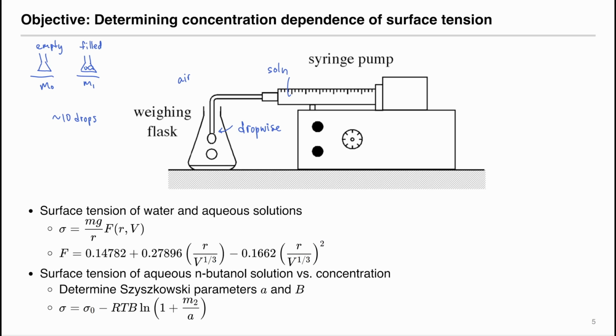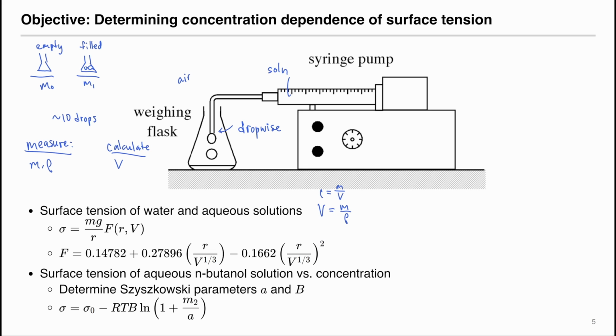To know the volume of each drop, we know m, so we want to measure the mass of each drop. And how do we get volume? To calculate volume, we also want to measure the density rho of each droplet solution, so rho equals m divided by V, so V equals m divided by rho.